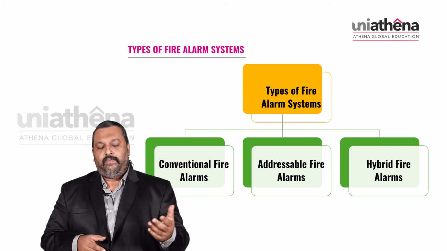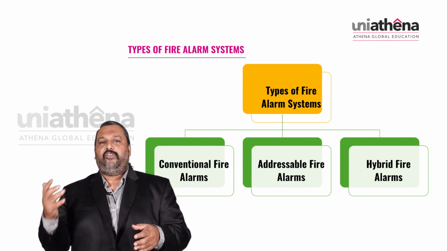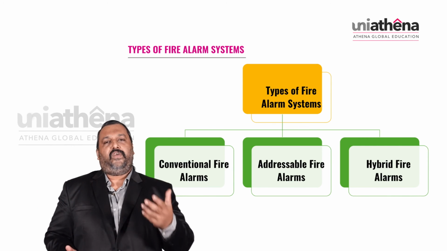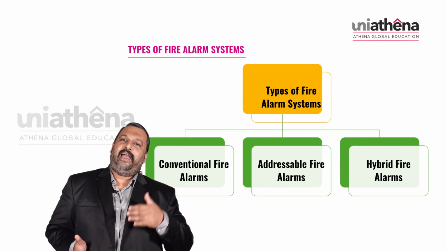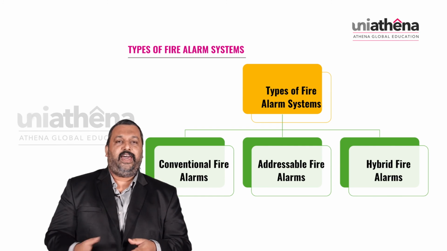And then you have the hybrid fire alarm system, which uses a combination of addressable and non-addressable systems. So you have the conventional non-addressable fire alarm system, the addressable system, and the hybrid fire alarm system.